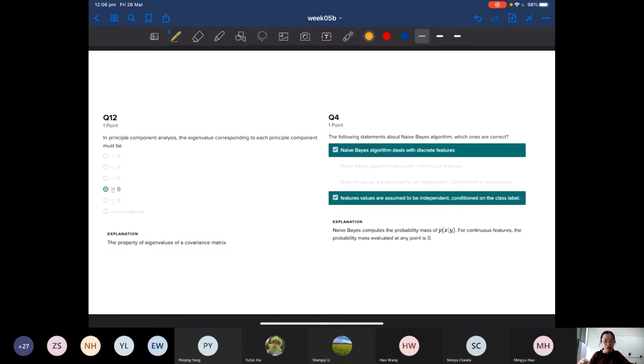So question 12 basically asks whether the eigenvalues that we compute in principal component analysis are guaranteed to be positive or not. As we said in Monday's workshop, for symmetric matrices, the eigenvalues are guaranteed to be real. For covariance matrices, the eigenvalues are guaranteed to be non-negative as well. We didn't prove it in the workshop, and I don't think the textbook has an elaborate proof either.